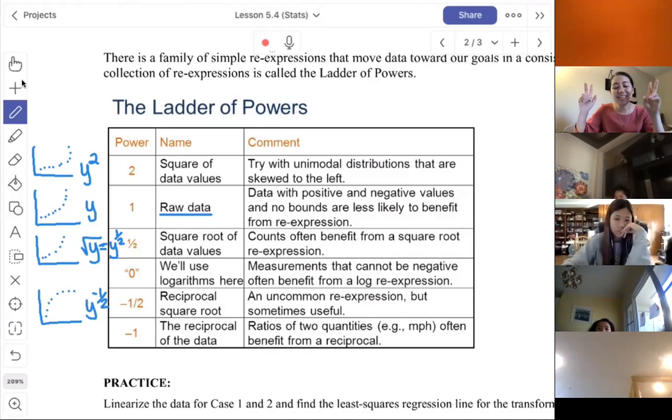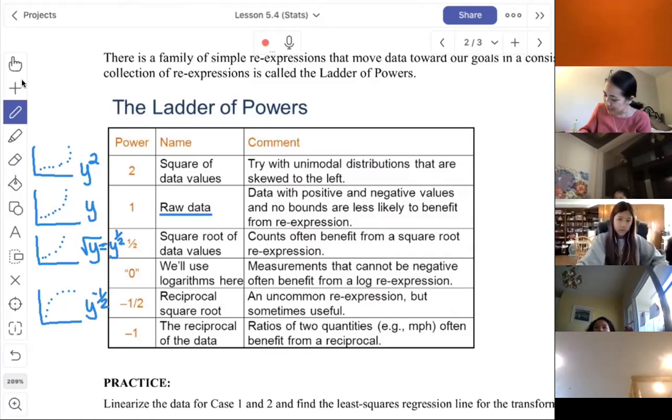I have this 0 in quotes, because I don't actually want you to take y to the 0 power. What happens when you take any number to the 0 power? It becomes 1, any number. So don't do that, because that basically destroys all your data. Instead, this is the log of y.